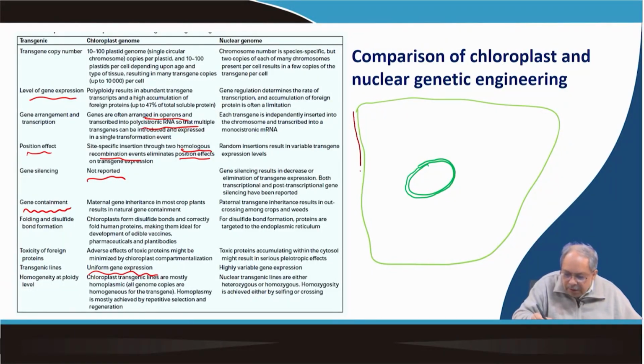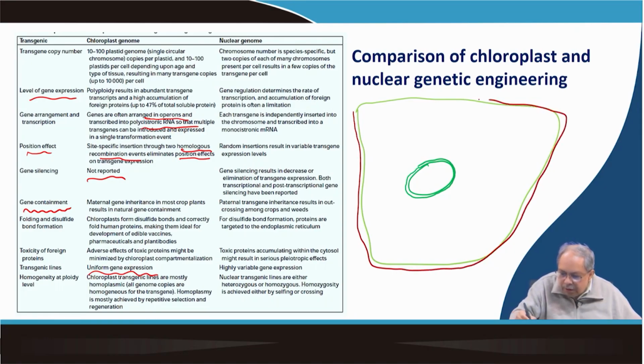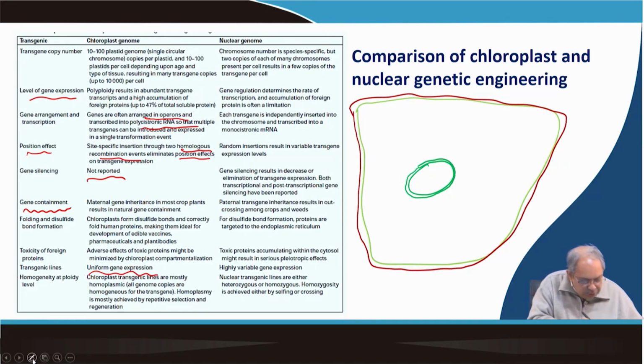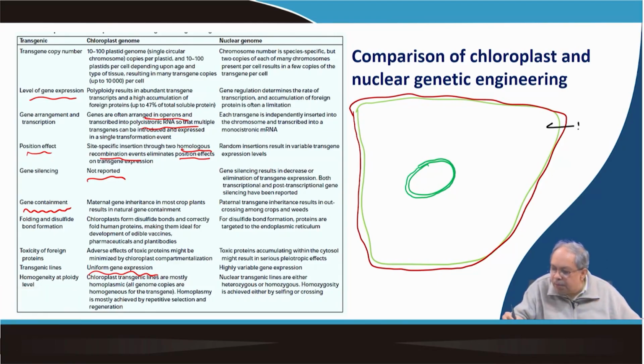Outside the plant cell you have the cell wall. This is the plasma membrane, this is the bilayer chloroplast membrane, and this is the cell wall.